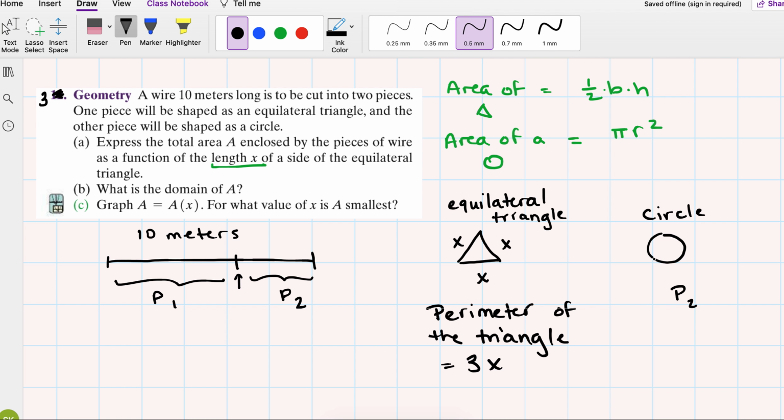We also can find the perimeter of this circle, but we need to know some information about the lengths of these pieces. So how long is P1? Well, remember we took that piece P1 and we bent it to make this equilateral triangle. So this P1 has length 3x.